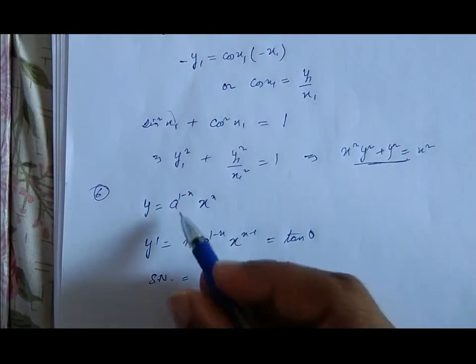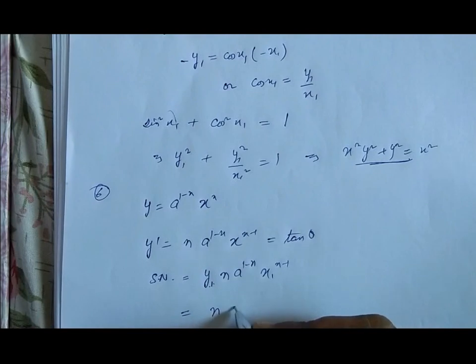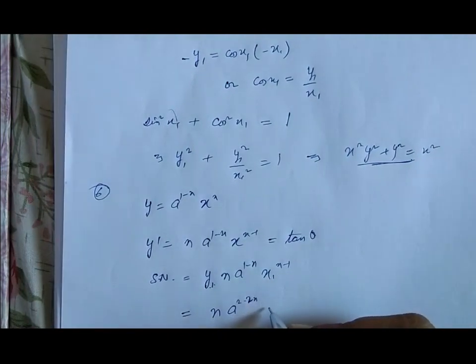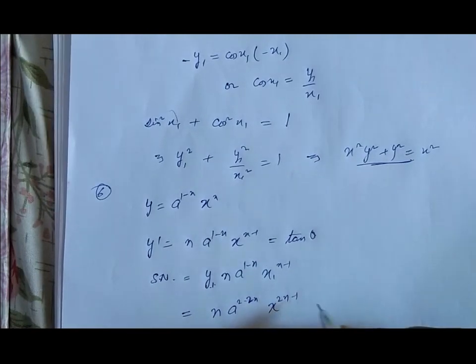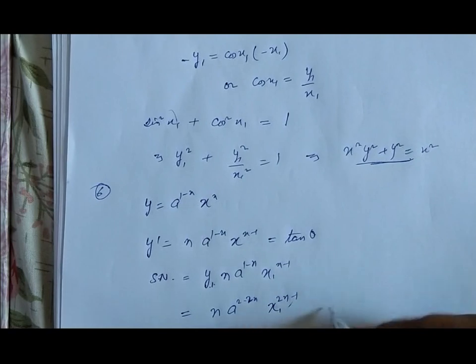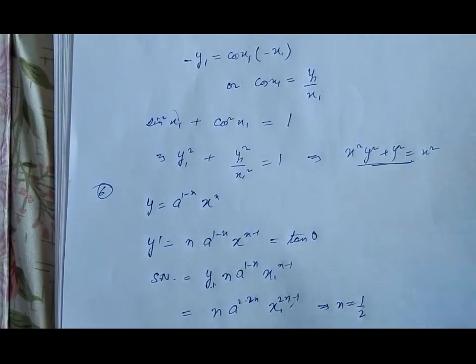Put the value of y1, n a power 2 minus 2n into x power 2n minus 1. So this value is constant, since it is independent of x1, then n is equal to half.